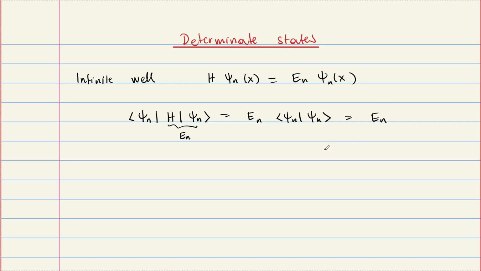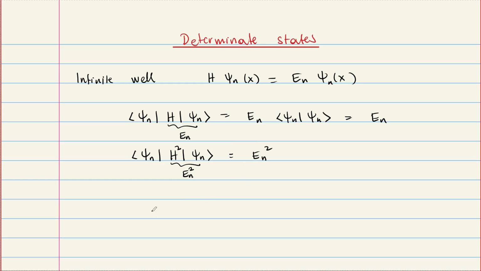We did it in the integral representation, but now we know the Dirac notation, we can make it a little bit quicker. We also considered the square of this. Suppose I calculate not H but H squared, but that's no problem because H squared is H times H. Every time I act with H, I'm going to get an E, and the same thing is going to be En squared.